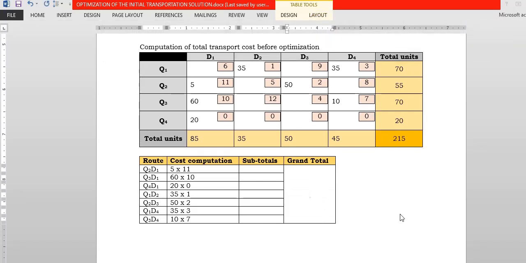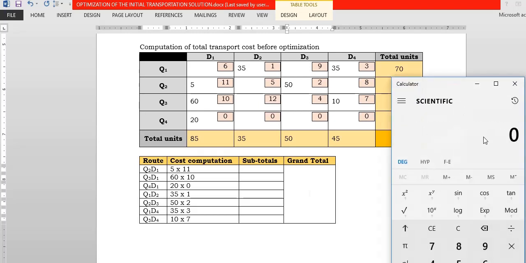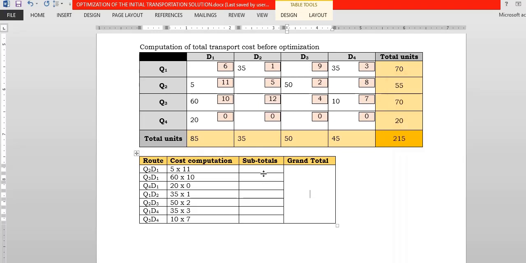So get our calculator. We start with the first one. 5 times 11 is 55. This is 55. This is 600. Let me just do them in the middle.